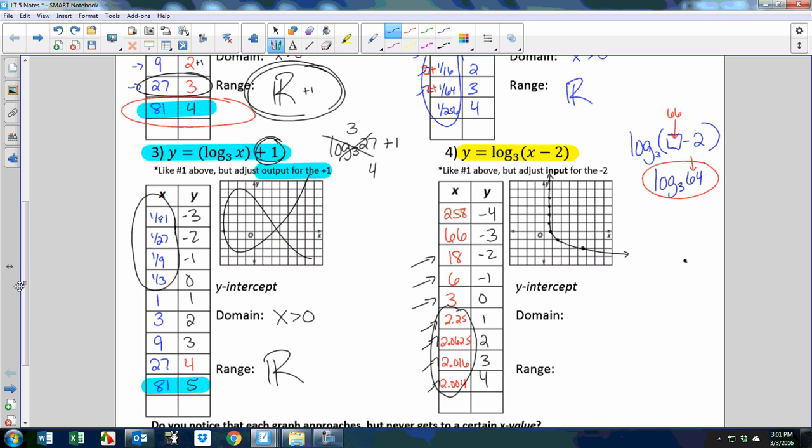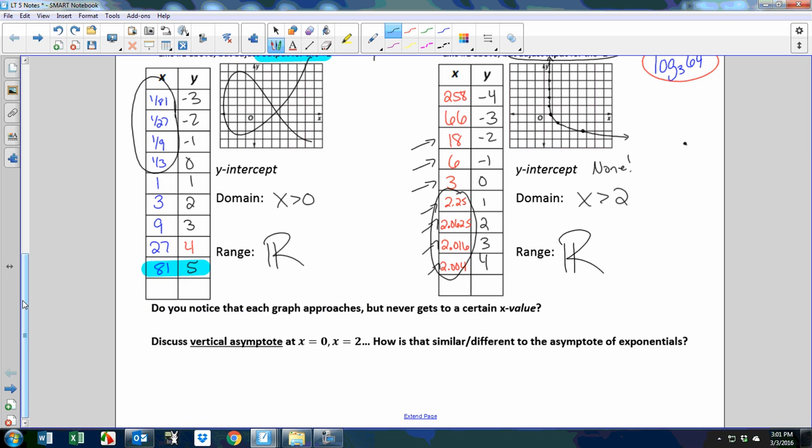So all of our points on this picture start to the right of x equals 2. So your domain is x is greater than 2. Meaning, when you subtract 2 from the input, you move your domain right 2. You move your input right 2. There is no y-intercept, and the range goes up forever, down forever, so still all real numbers.